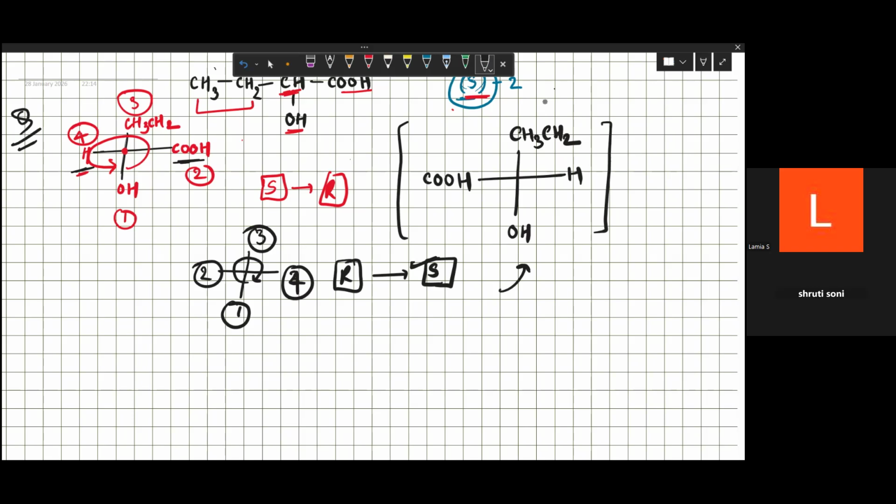See, there are three same hydrogens. There are two same hydrogens. Are you getting my point? We can only form a chiral center when all four groups are different.